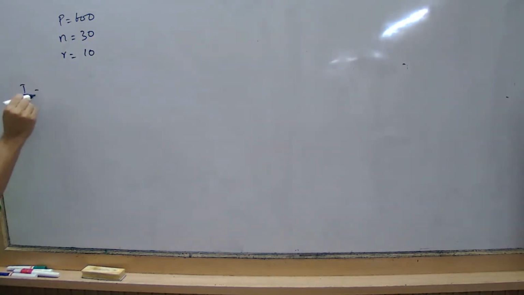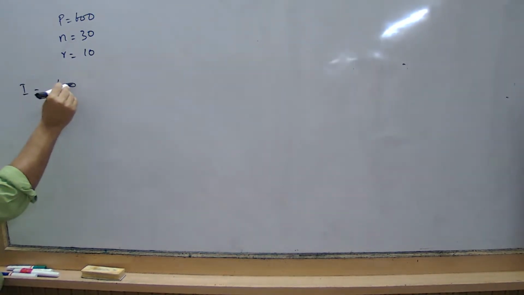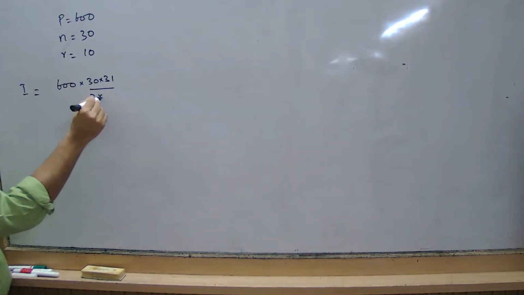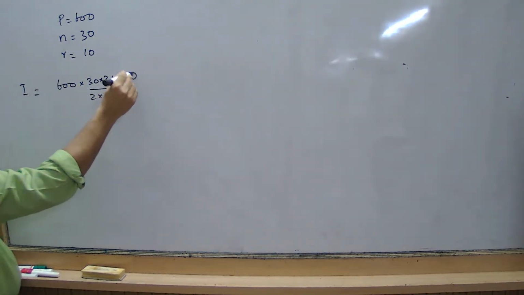So, the formula: interest equals P into n into n plus 1 by 2 into 12 into r by 100, that is 600 into 30 into 31 by 2 into 12 into 10 by 100.